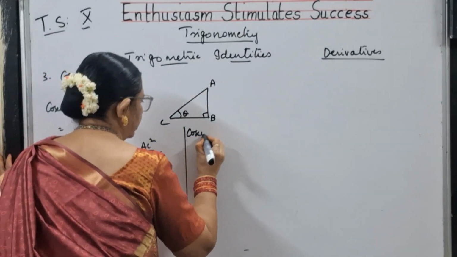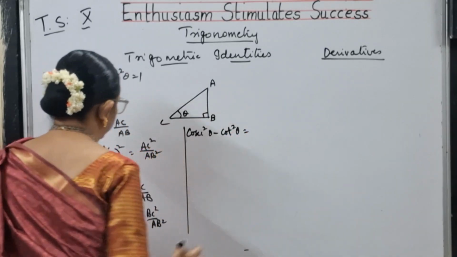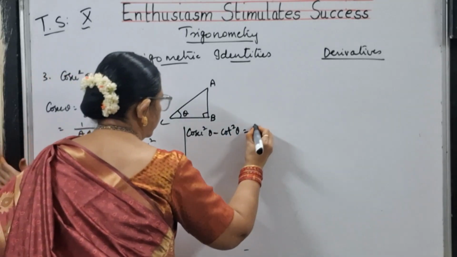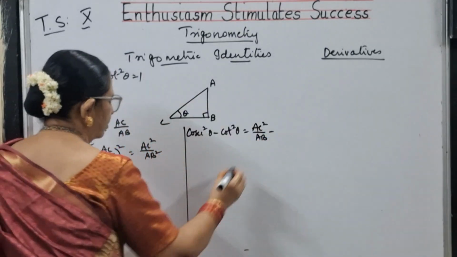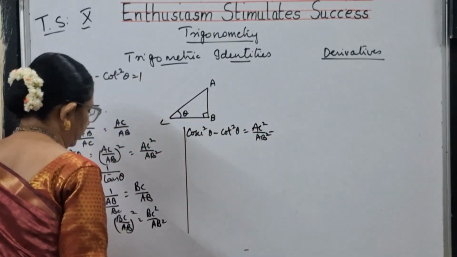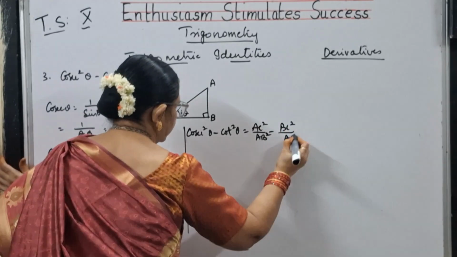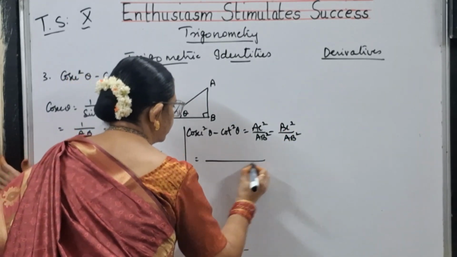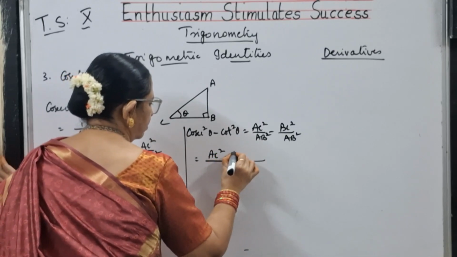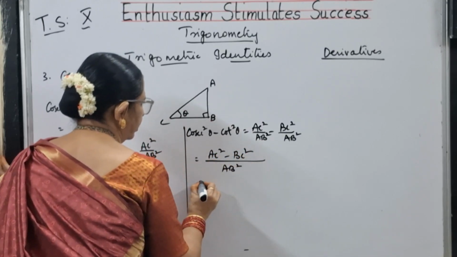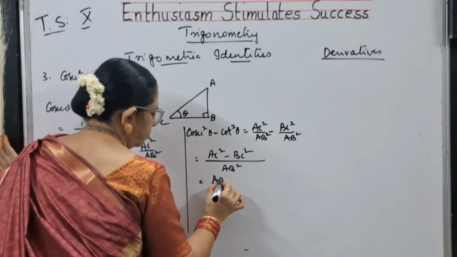So cosecant square theta minus cot square theta is equal to AC square by AB square minus BC square by AB square. So here LCM AB square, AC square minus BC square. AC square minus BC square is AB square.